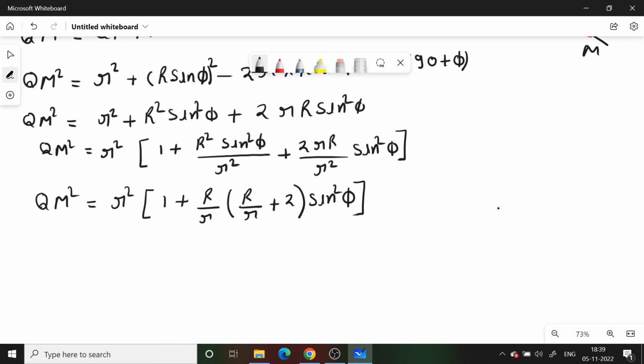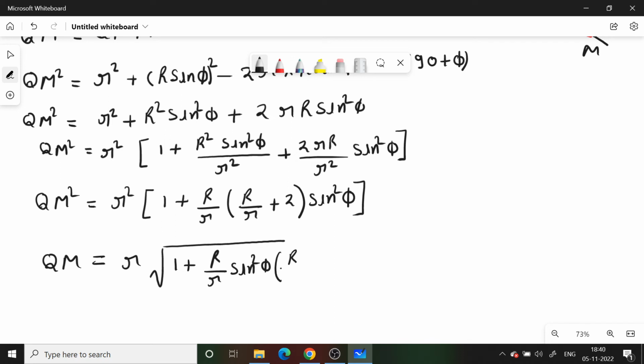Or QM will be equal to r under root 1 plus (R by r) sin square phi in the bracket, capital R upon small r plus 2.